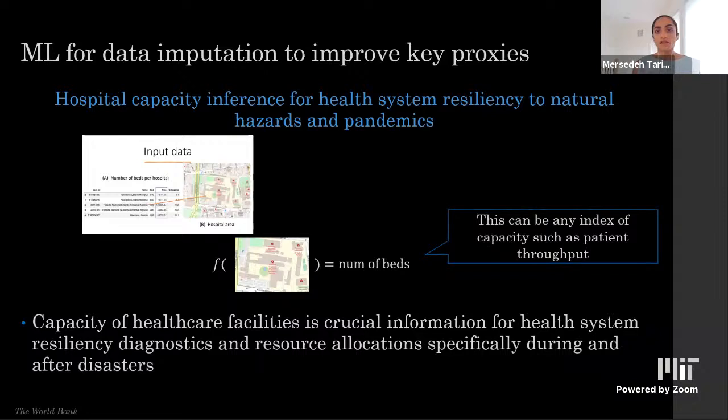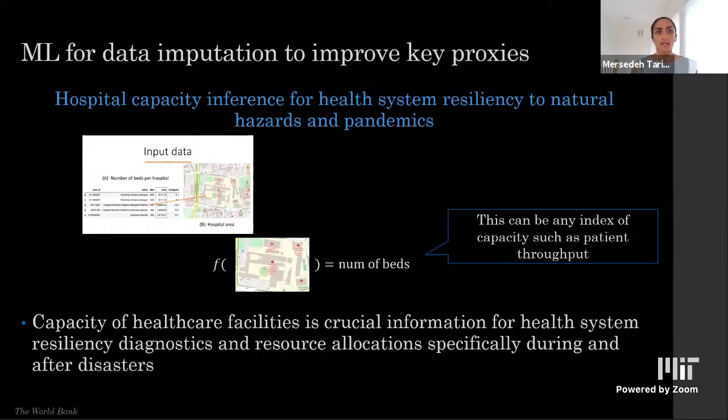One other example of this is that I did work on health system resiliency to natural hazards and pandemics. One of the key proxies that we need is healthcare facility capacities, and even during COVID, we could see that it's such an important piece that we don't have information on for many developing countries.